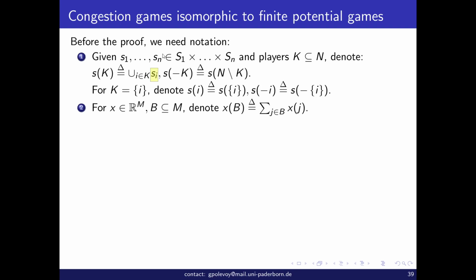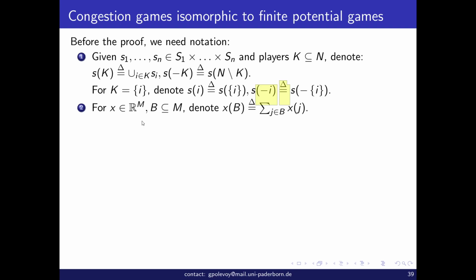And S of minus K is S of the others. So all the facilities that are used by the players who are not in K, in this strategy profile. And now also when K is a singleton, instead of writing S of the singleton, we can just write S of I. And analogically, instead of writing S of minus the singleton, we can just write S of minus I. It's very similar to the normal notation.